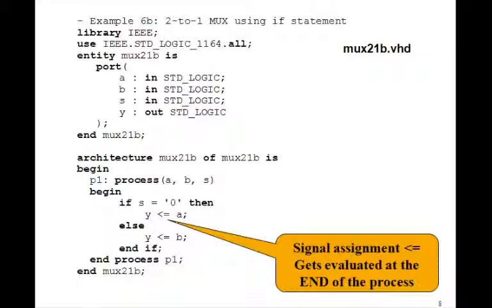The important thing to remember is that signal assignments within a process don't get evaluated until the end of the process. What it means is that the last one that gets assigned to anything is the one that actually takes effect.